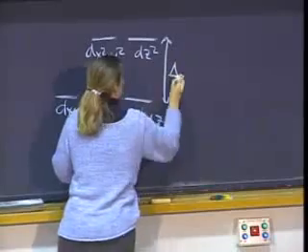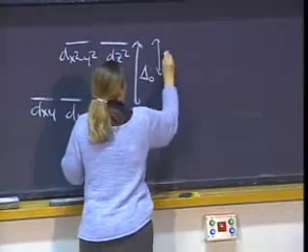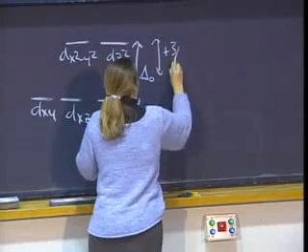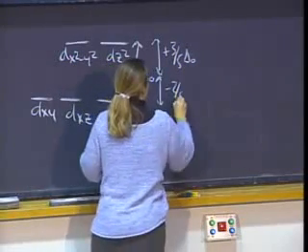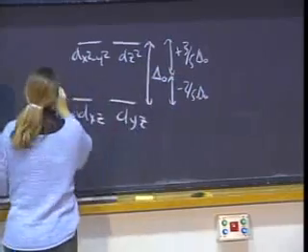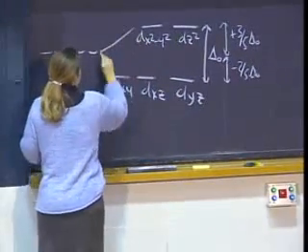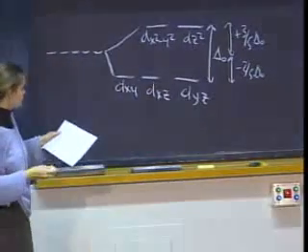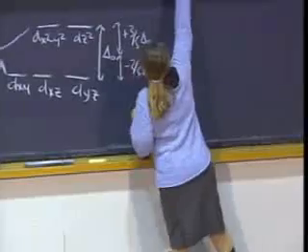We have our octahedral crystal field splitting energy. We're going up by 3/5 and down by 2/5 for these compared to this theoretical crystal field. And then we have our low spin case.